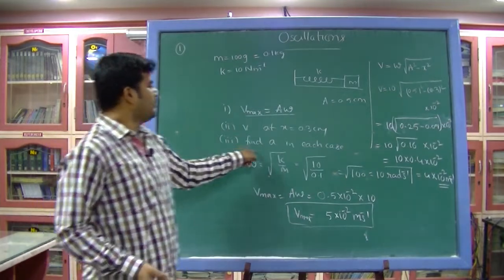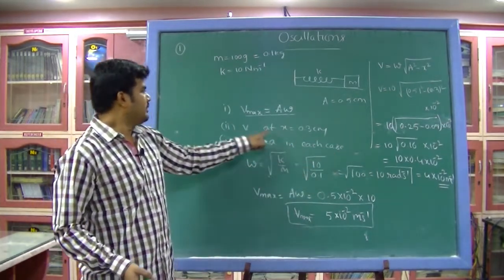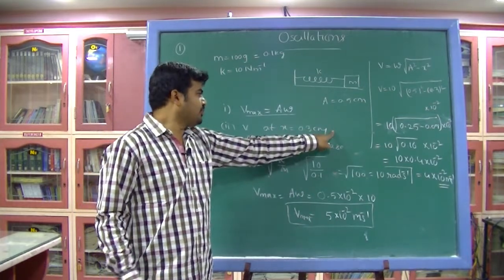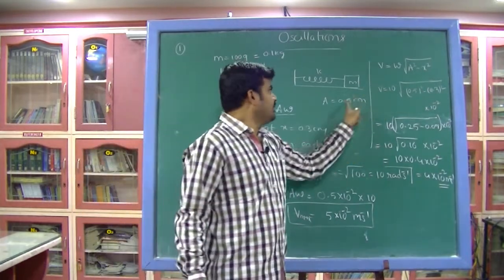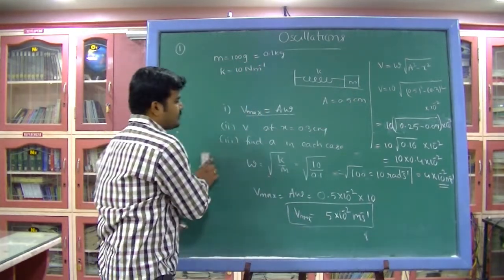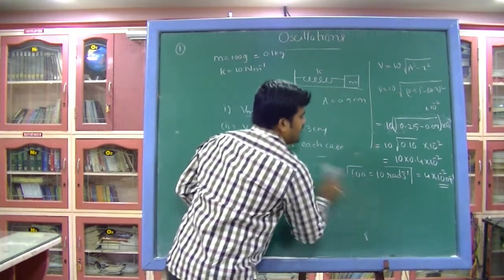Now, let us see how to find acceleration in each case for the given speeds, that is at maximum speed position and at this position 0.3 centimeters. Now, let us do the third part of the problem.